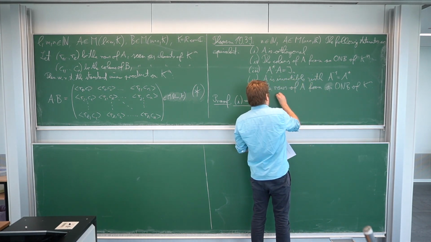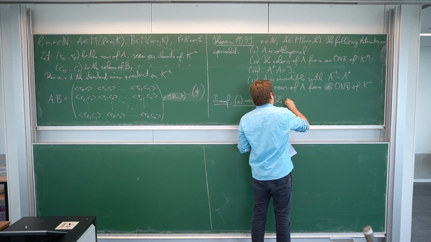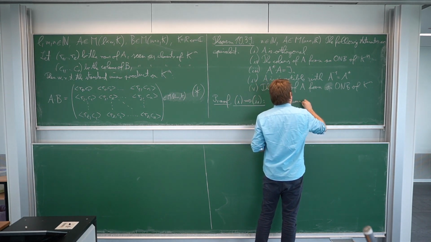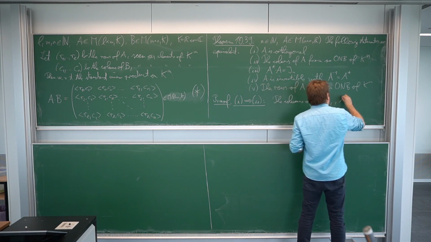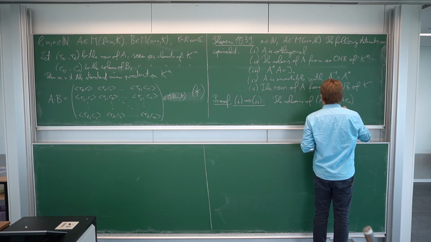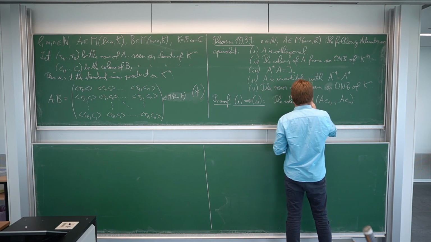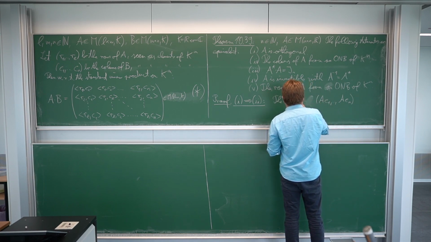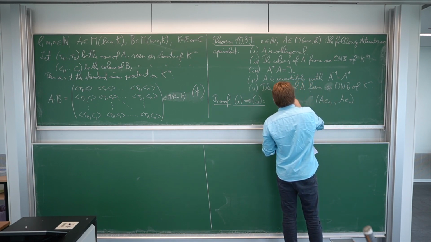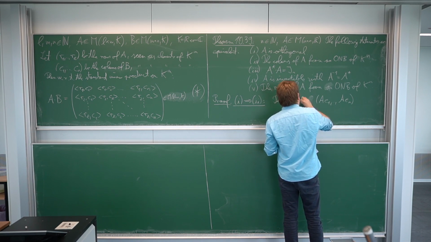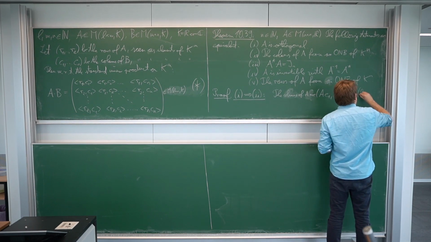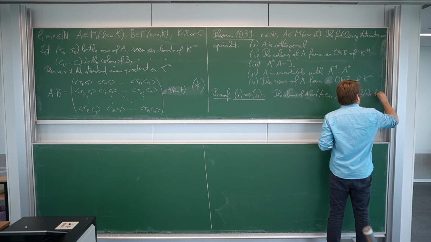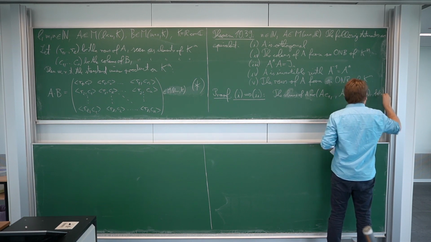So the columns of A are A e1 to A en, or written in terms of the induced map, F_A of e1 to F_A of en with respect to the canonical basis.